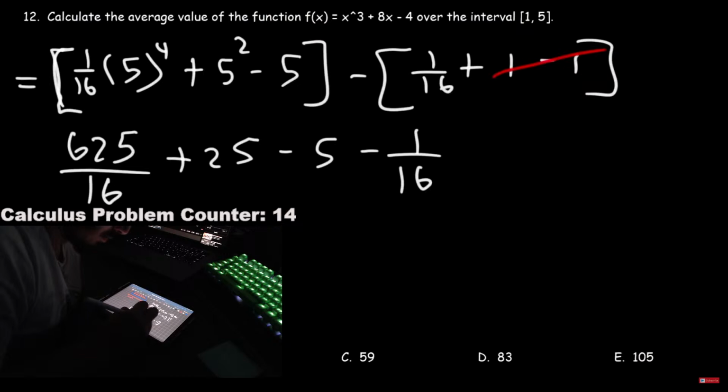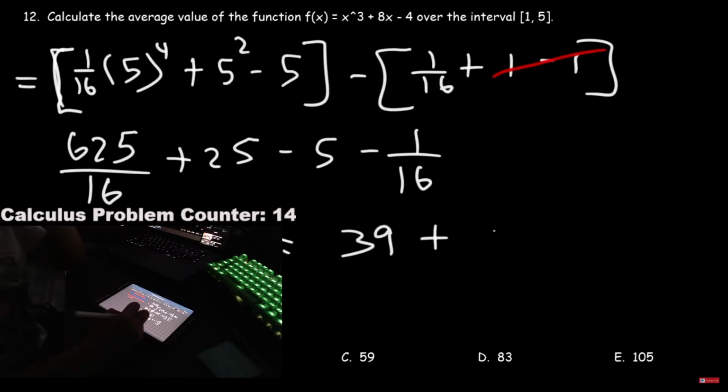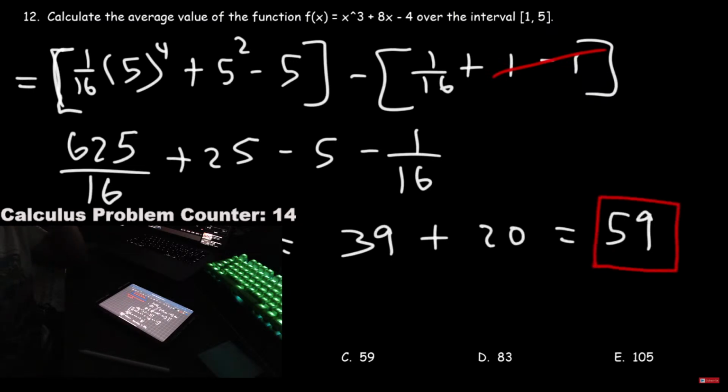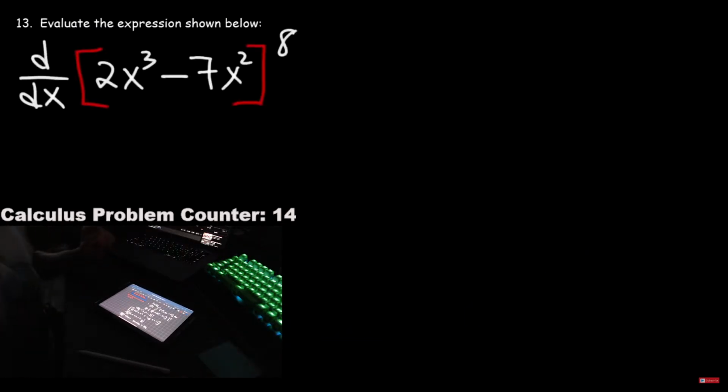Now 625 over 16 minus 1 over 16 becomes 624 over 16, and 25 minus 5 is 20. 624 divided by 16 is 39. So it's 39 plus 20, which is 59. So this is the average value of the function over the interval 1 to 5. Therefore, C is the right answer.